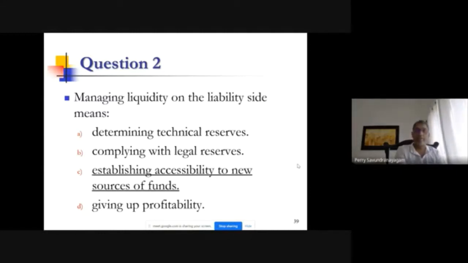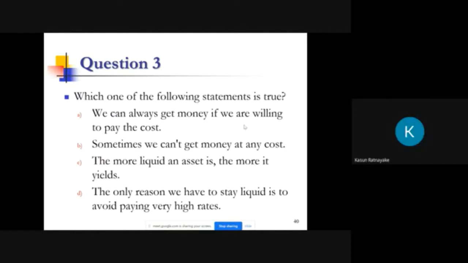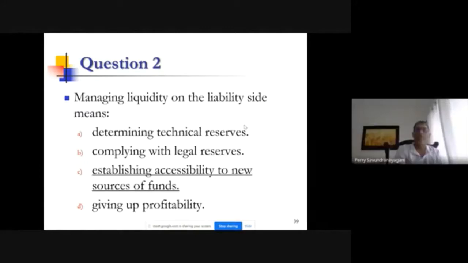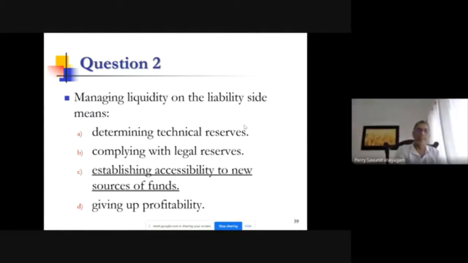So part of managing liquidity is being able to fund that excess or the shortfall as and when the need arises. So you need to have new sources of funding. Sorry, I don't know whether you have explained it. What does technical reserves mean? That's operational reserves, basically. Okay, right, thank you. Same thing as legal, which we discussed earlier.